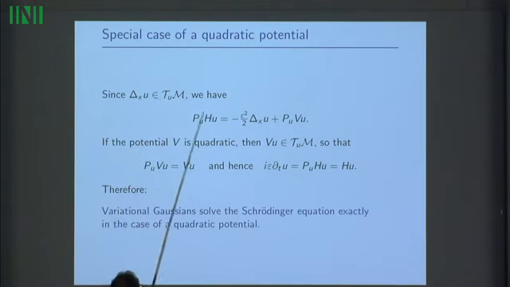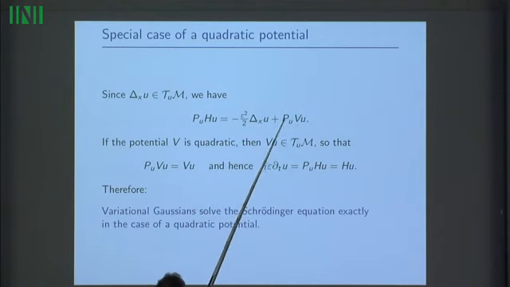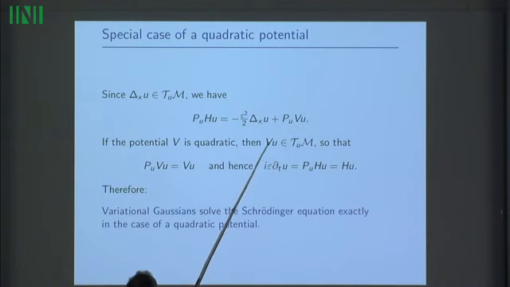And therefore, if I consider this projection here, this kinetic term, which contains the Laplacian, is already in the tangent space, so there's nothing to project. And then there's the projection of the potential. But if I assume that the potential is quadratic, then again this is in the tangent space, because our tangent space consists of quadratic polynomials times the Gaussian. And so this is also equal to Vu.